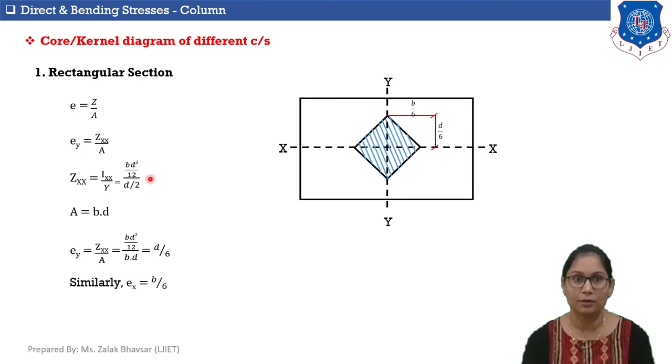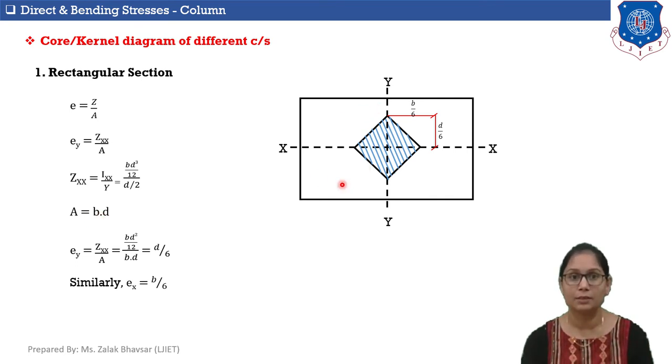Now for the rectangular section, Ixx as we discussed is BD cube by 12 and y is the maximum distance of the fiber of this column section from the neutral axis, which is equal to D by 2. So I get ZXX is equal to BD square by 6.